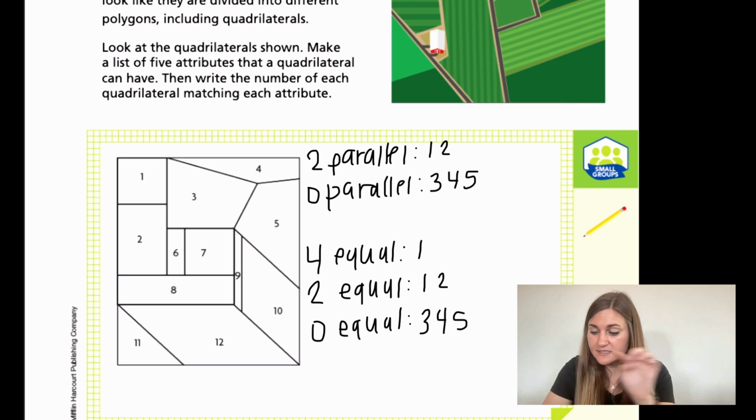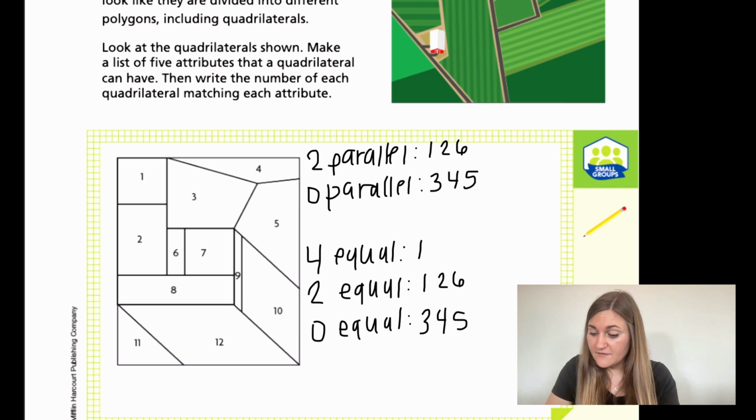All right, 6 is kind of in the middle, that really skinny, tall rectangle. So 6 does have 2 parallel sides, right? 2 parallel going this way and 2 parallel going this way. So add 6 up there. And not all the lengths are the same, but it does have at least 2 equal lengths, so we can add the 6 there.